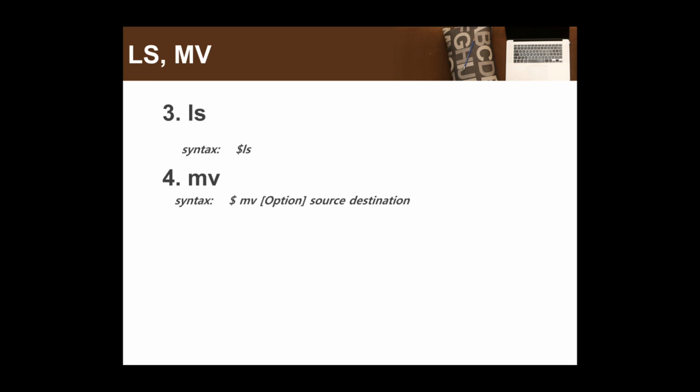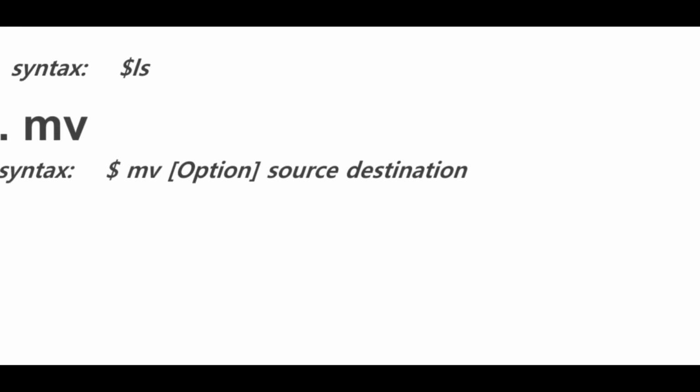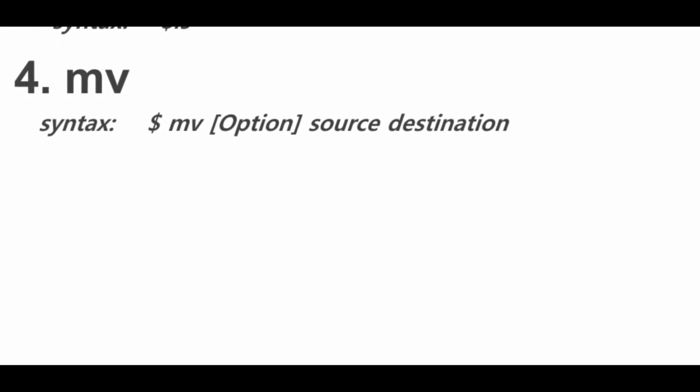Next command is mv. The mv command is used to move one or more files or directories from one place to another. It also helps to rename a file or a folder, and it can move a group of files to different directories. This is the syntax of mv: mv options source destination.